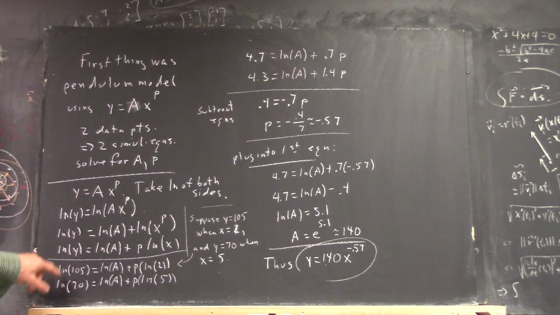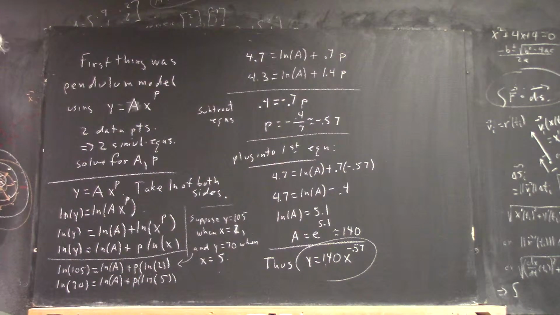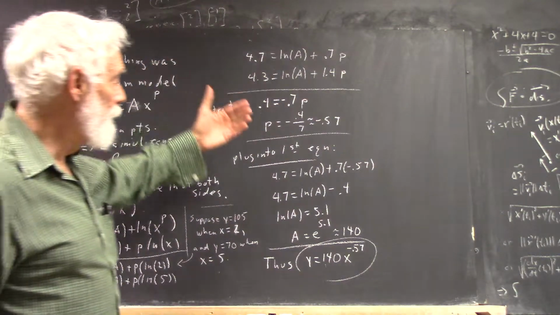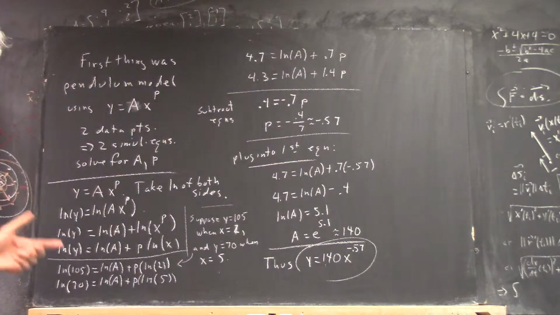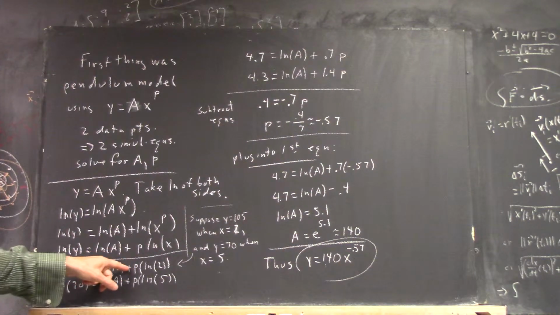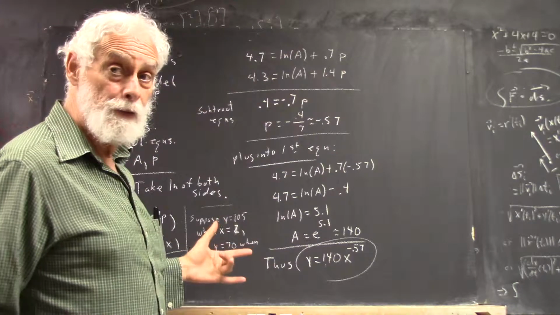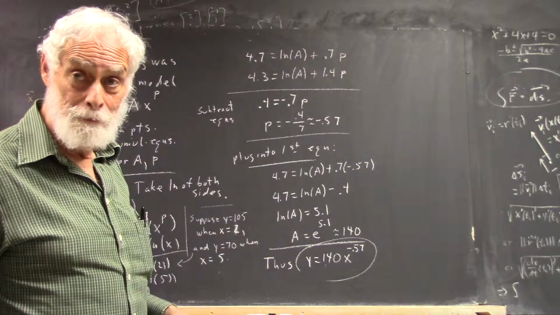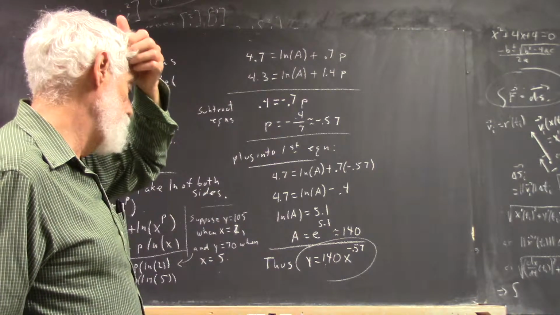So when I plugged in my 2 points, I got two linear equations. Now they're linear in the natural log of A and p, but we just solved them as linear equations. So that should kind of get your attention. That's something I'm going to have you do for homework that kind of makes this point.